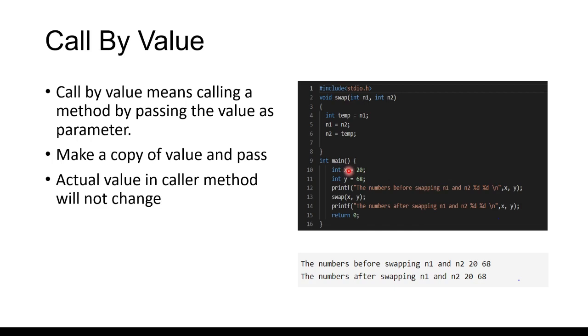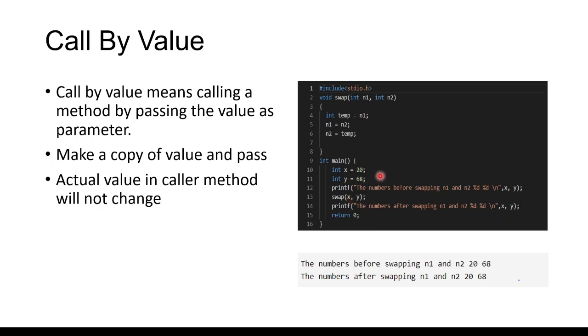So now what is call by value and how is it used here? When we say call by value, while calling the swap method, we are passing the value directly. It means we are passing 20 here. Okay, but we won't directly pass x, which is 20.